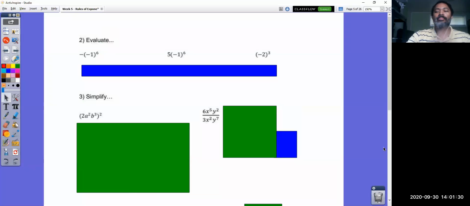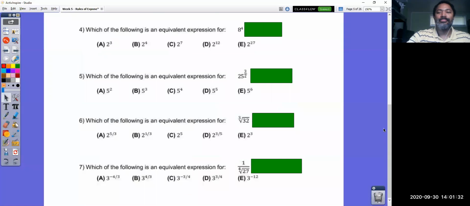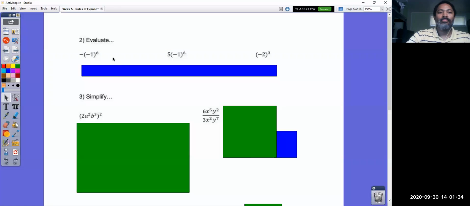Now let's look at some properties of exponents. Evaluating the negative of -1 to the 6th power. We know that the 6th power means that the base is being multiplied by itself this many times. So we have 6 -1s multiplying, and then we have this additional negative out here.